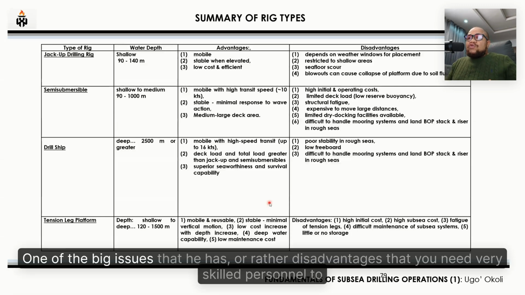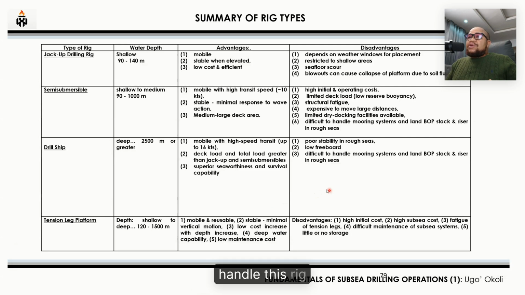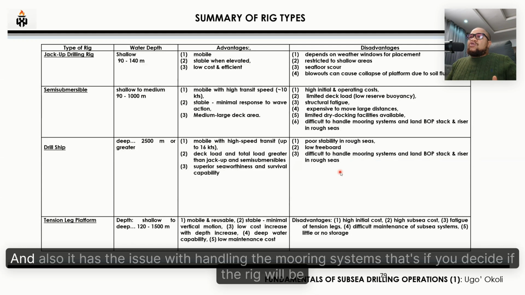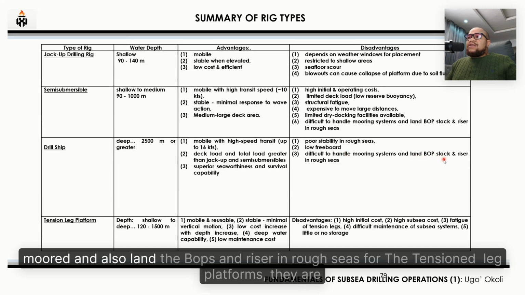One of the disadvantages is that you need very skilled personnel to handle this rig. It can have poor stability in rough seas because it has very low freeboard. It also has the issue of handling the mooring systems, if the rig will be moored, and landing the BOPs and riser in rough seas.